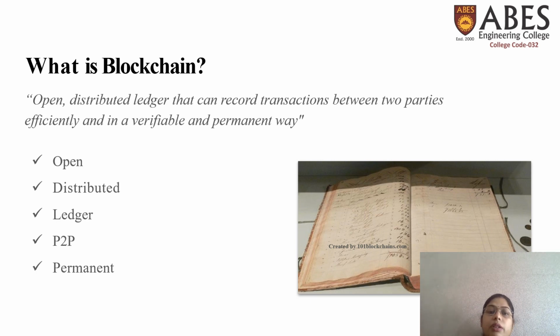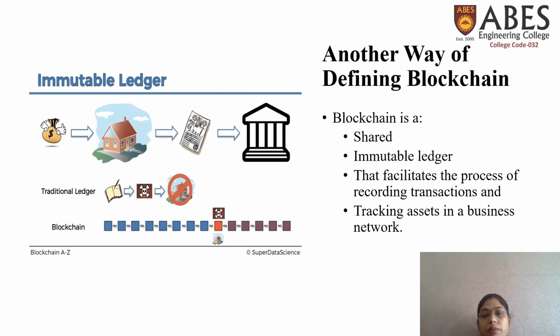Whatever has been recorded in the block, it will stay in that block only. Another way of defining the blockchain is that it is a shared and immutable ledger that facilitates the process of recording the transactions and tracking assets in the business network, right?